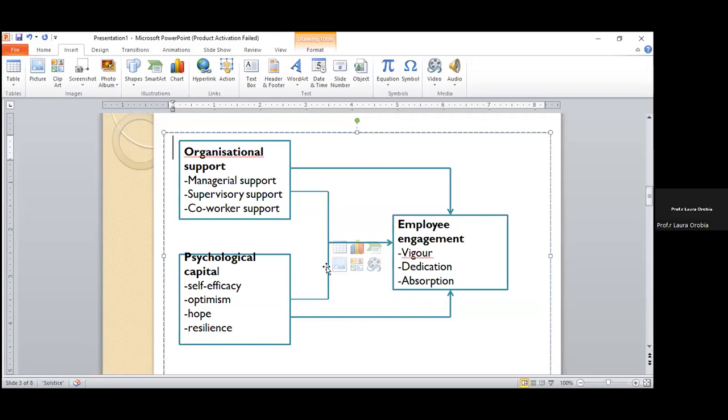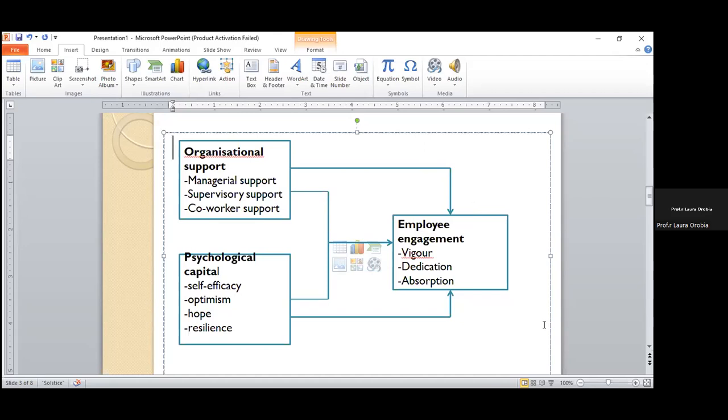It means that someone wants to test the combined relationship or the combined effect of organizational support and psychological capital in explaining employee engagement.